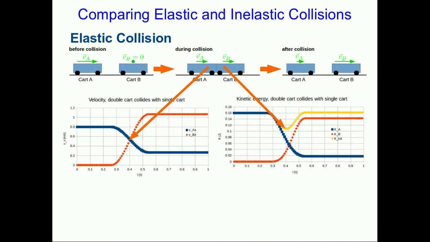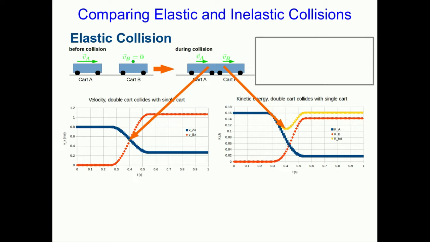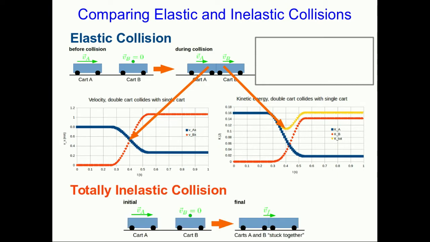We can get some more insight from this, and to do so, just think of what it looks like if we cover up the after the collision portion of the picture. Now that during collision part looks just like the end of a totally inelastic collision.